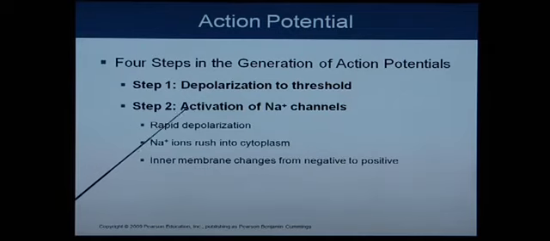Step 2, we want to activate the sodium channels so that depolarization can happen. Remember, that's when sodium rushes into the cytoplasm and makes the inside of the cell more positive or closer to zero. So we go from negative 70 maybe to negative 65 or negative 60, closer to zero, from more negative towards positive.